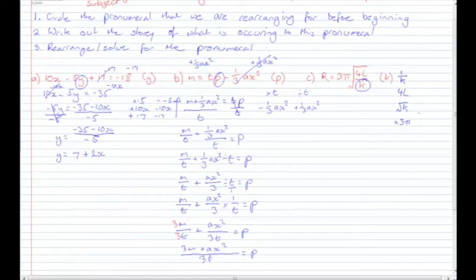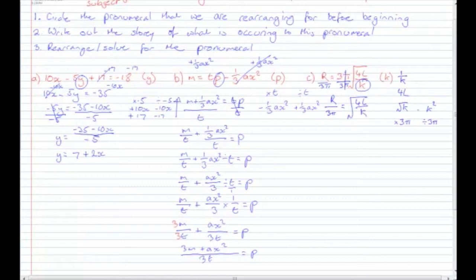So let's go through and do the opposites, divide by 3 pi, then square, and we'll just leave these two as they are for now. When we divide both sides by 3 pi, the 3 pi's of course will cancel out, so you end up getting r over 3 pi is equal to the square root of 4l times k.